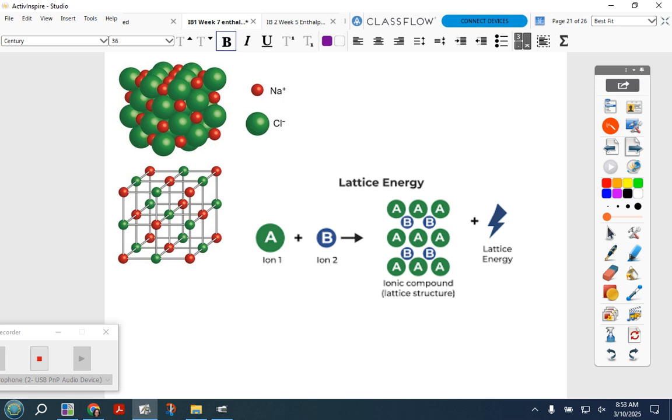That's basically the energy that is released when we take ions and put them in an ordered solid array, where the forces of attraction are maximized and the forces of repulsion are minimized. This is going to be a very stable, low energy state. So going from ions to the lattice structure is going to actually release a lot of energy.